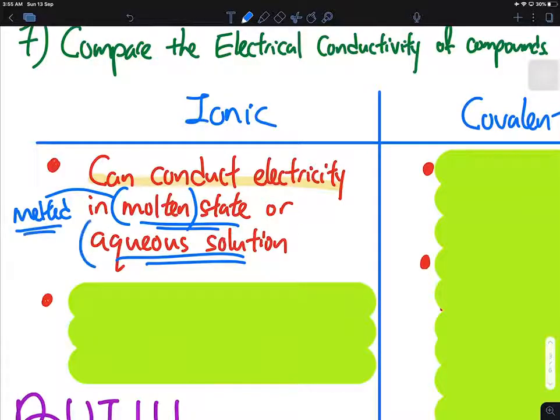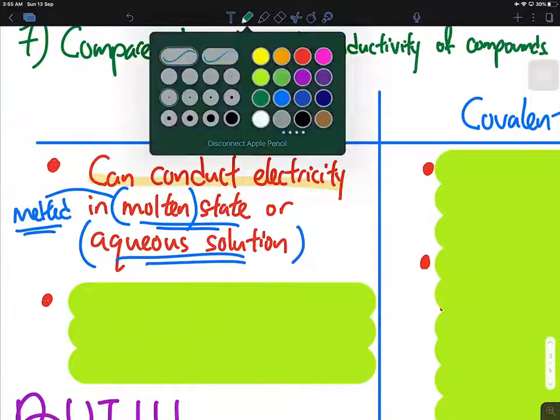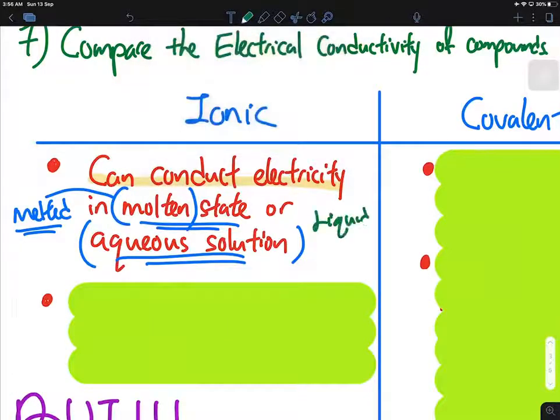Aqueous solution is when you add water to dissolve it. For example, I want Milo powder to become liquid form. I can either add water to dissolve it, which I call aqueous solution, or I can heat the Milo powder until it melts, so we call it molten. So the similarity here is they are both liquid state.